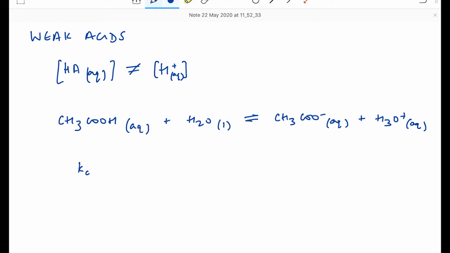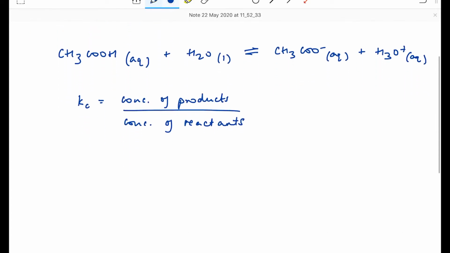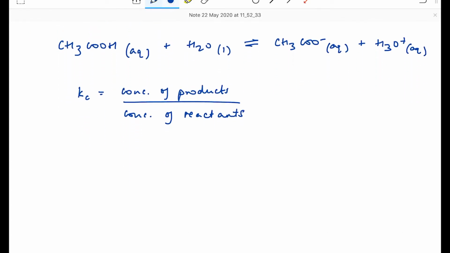So the equilibrium constant, Kc, is equal to the concentration of the products divided by the concentration of the reactants. Okay, if the position of the equilibrium lies to the right, then that would indicate that I have a higher concentration of products than reactants, and the value is going to be greater than 1.